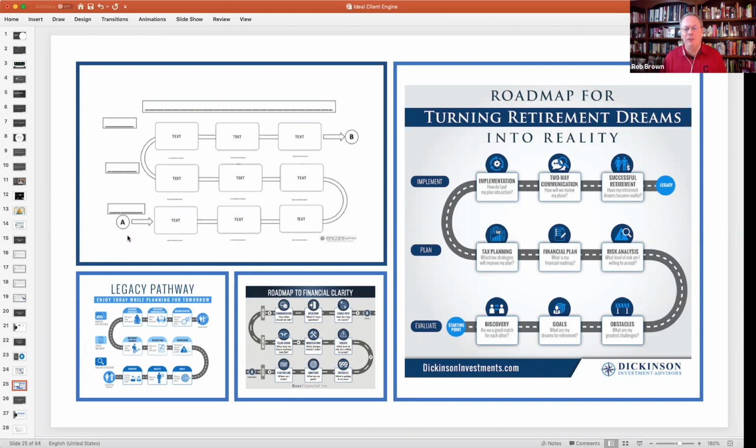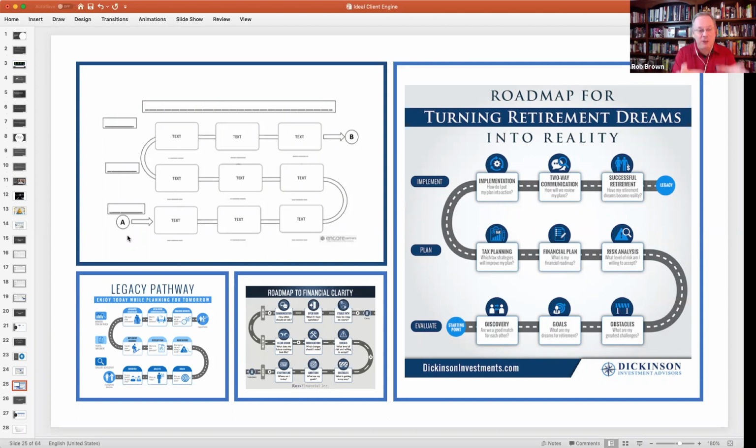If you don't have all of your ideal clients' assets, this is a reason that they bring you more of their assets. You need to have a clear way of describing your unique client proposition and how you're going to communicate it. If you're wondering why that blank roadmap is up there on the screen, it's because I want you to create one for yourself.